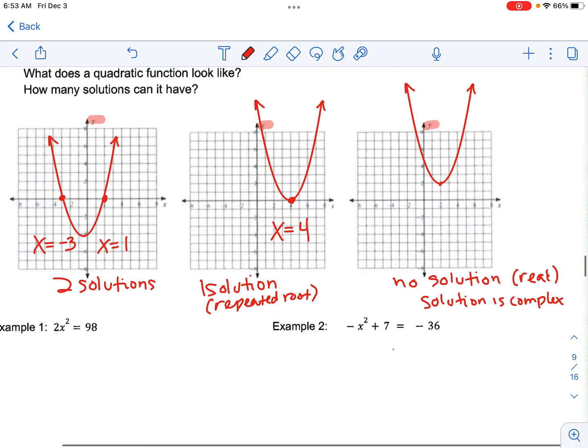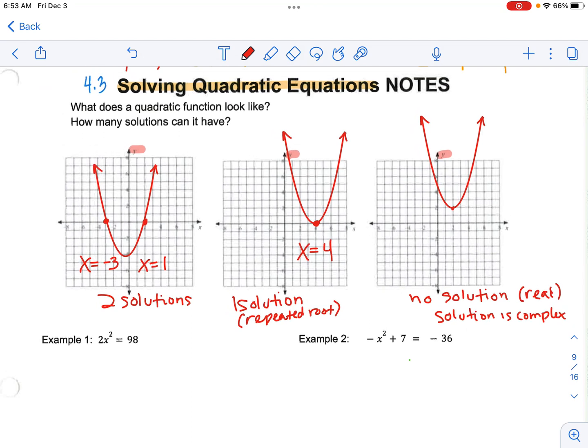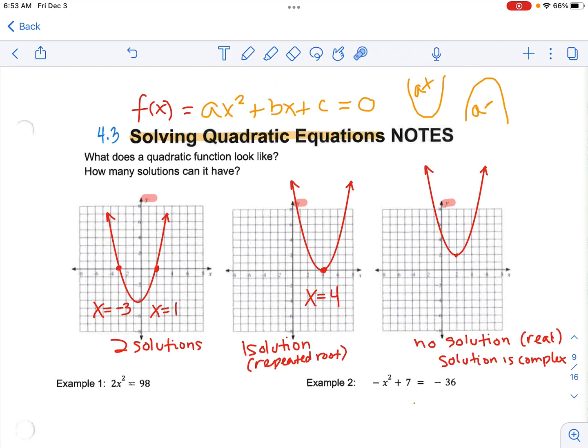It's got the imaginary numbers, you know, the i's, like 3 plus 7i and 3 minus 7i. We call that no solution because we're usually talking about graphing it, and when we graph things, we're talking about the real number line, not the complex number line. So we call that no solution when it doesn't come in contact at all.